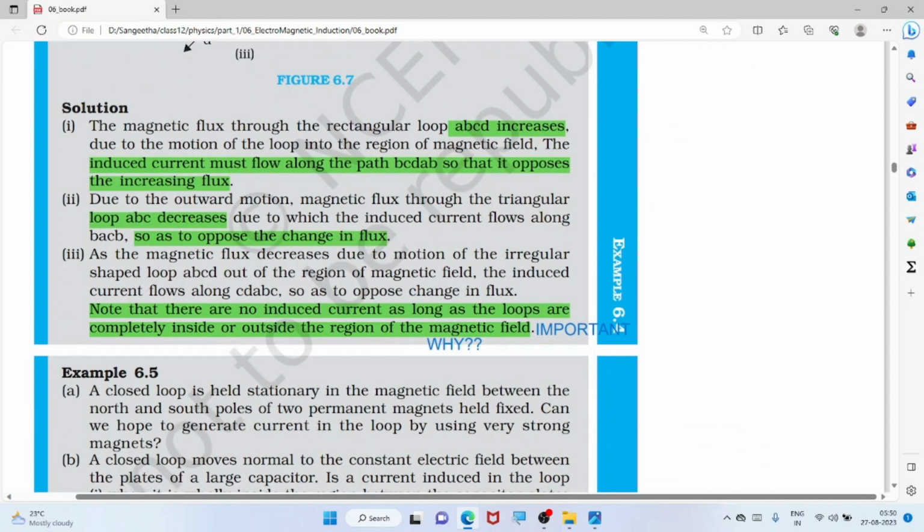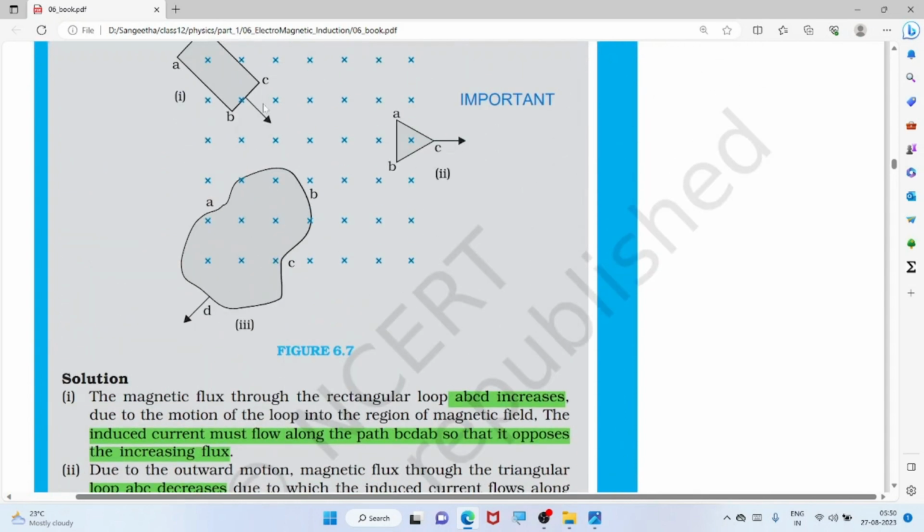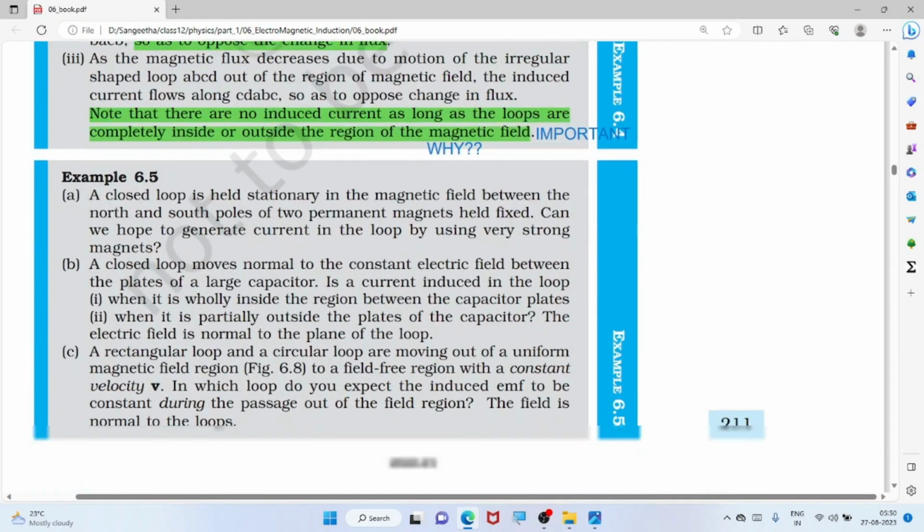Note that this is very important: there is no induced current as long as the loops are completely inside or completely outside the region of the magnetic field, because there is no flux change.